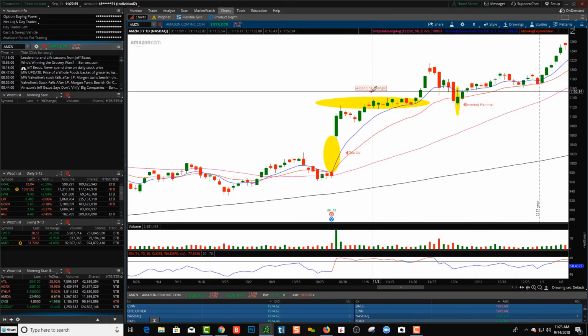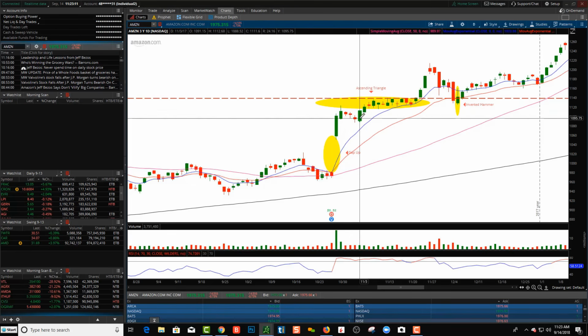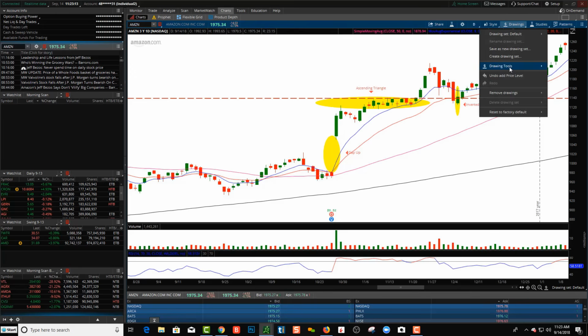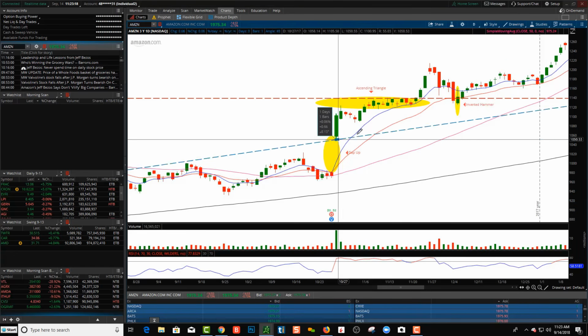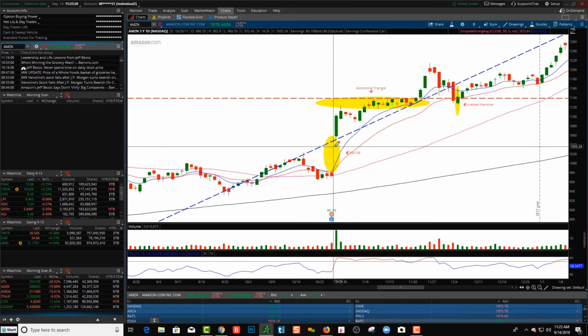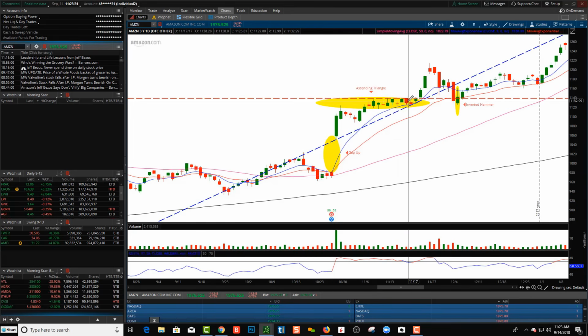You'll see an ascending triangle, and what you'll see is kind of a flat top right over here. Amazon has hit a peak here several different times, so it's creating a flat top, right? And then if you go over in here and take this line and draw your trend lines, you'll see higher lows being formed with a flat top.